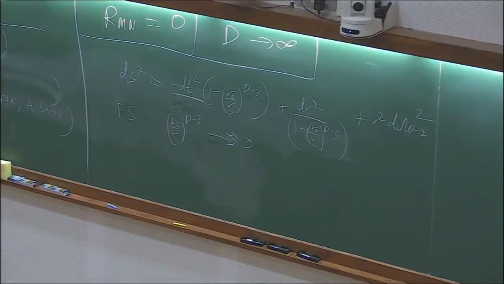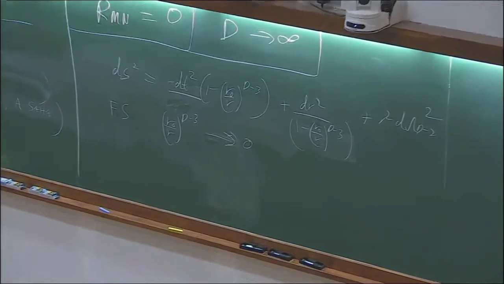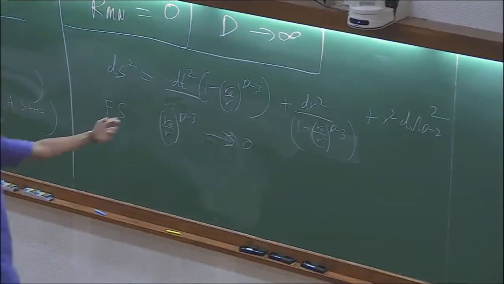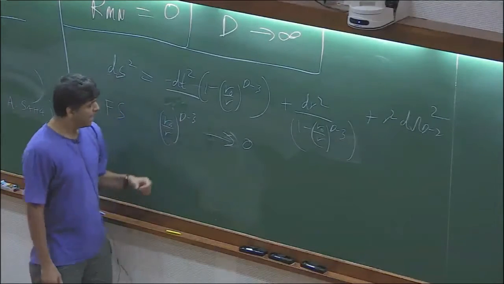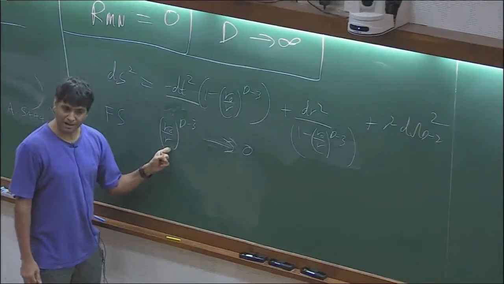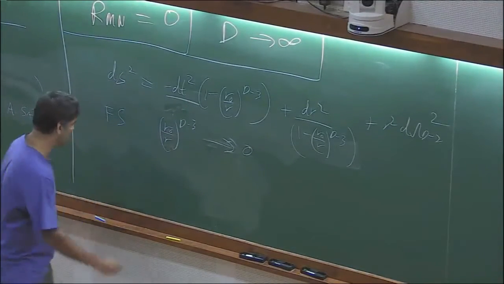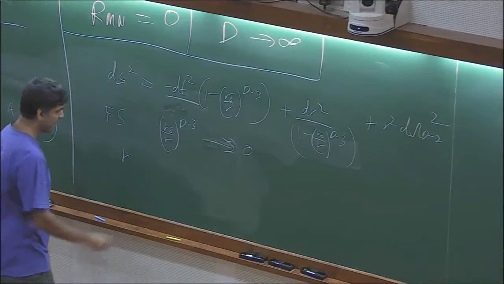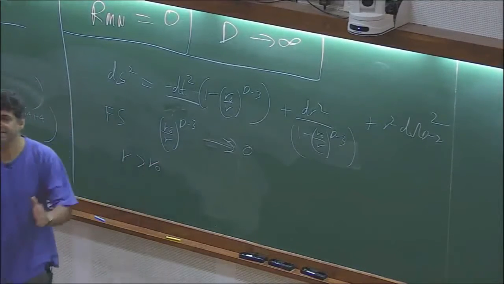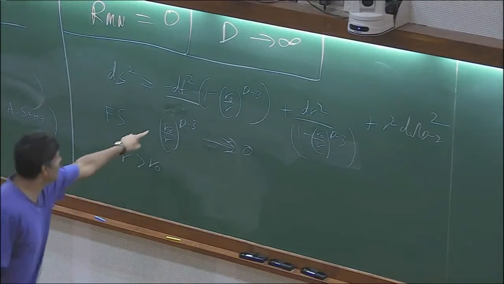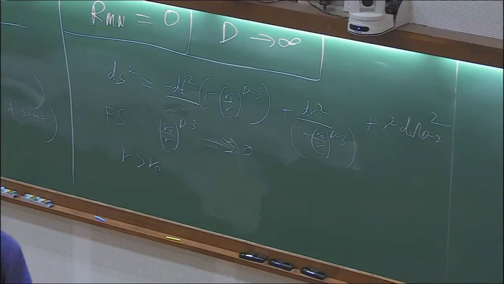Now, in a finite number of dimensions, this only happens as r goes to infinity. However, in the limit of interest to me, namely where D is taken to infinity, this happens for every r that is held fixed greater than r₀. So if you take any r greater than r₀, hold it fixed as you take D to infinity, this quantity is 0 simply because any number less than 1 to the power infinity is 0.